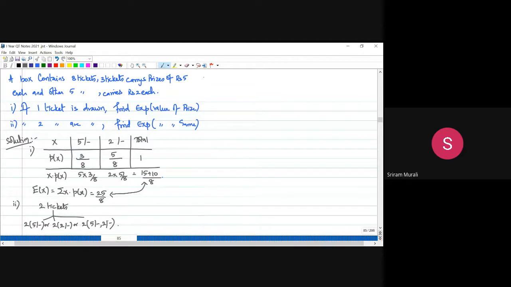So now we have to cast the probability for this case. Your X is given very categorically. So two 5 rupees means it should be 10 rupees, am I right? Two 2 rupees means it is 4. One 5 rupee and one 2 rupee means it is 7. First, is this clear?